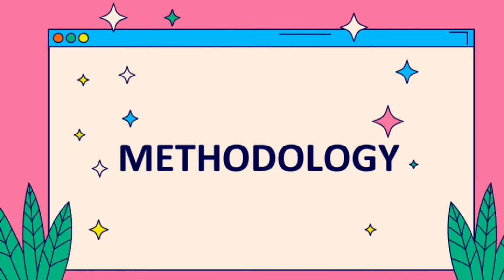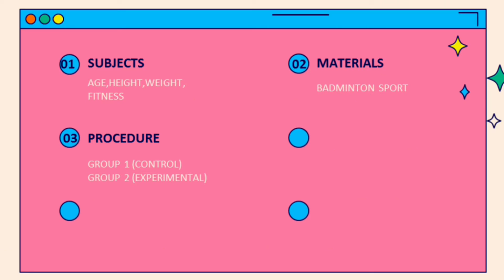Next, we move to the methodology. This methodology consists of three subtopics, which are first, subject, second, material, third, procedure.